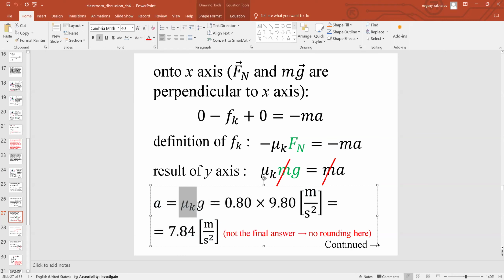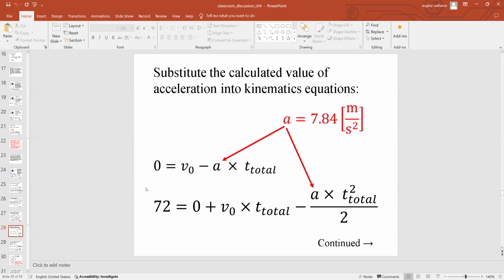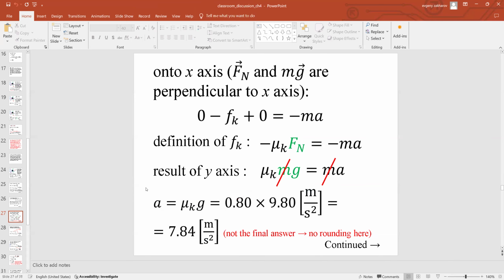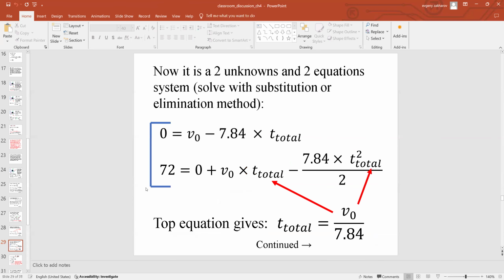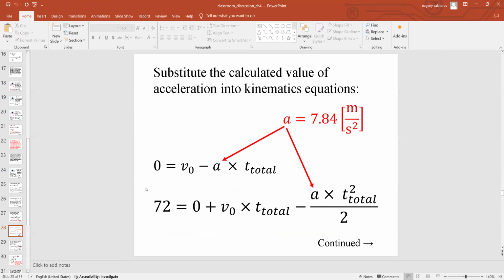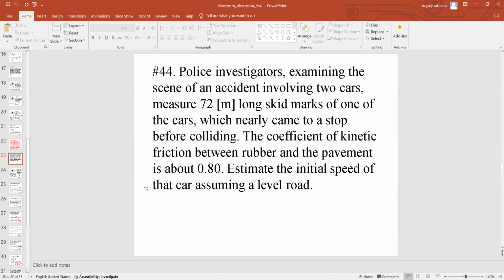Once again, it's only the coefficient of friction that defines the acceleration to slow down. And now we know the acceleration. We go back to kinematics. We do the substitutions for the missing quantities, and we can solve for everything. This time, we solve for the initial speed.